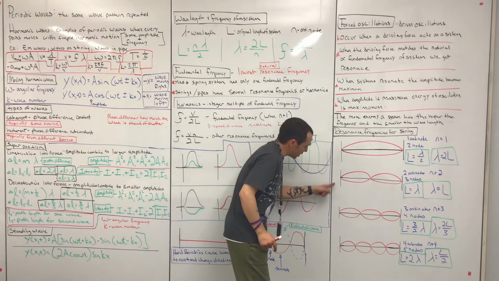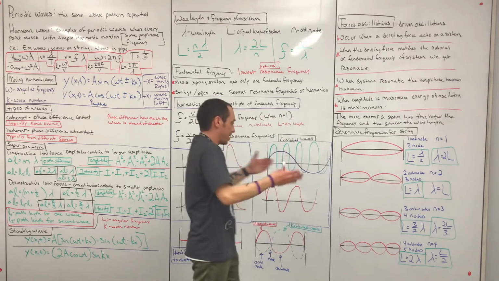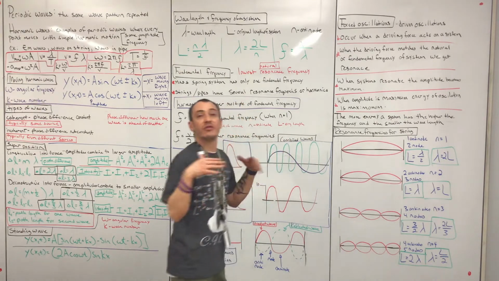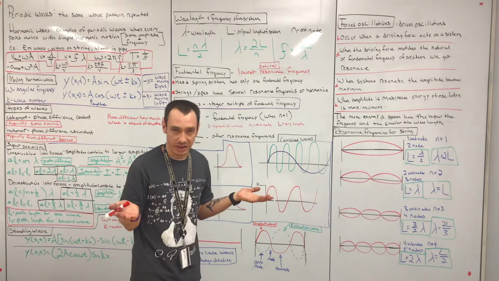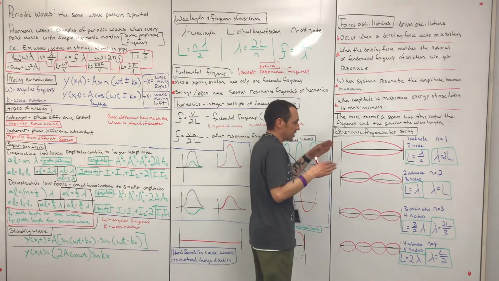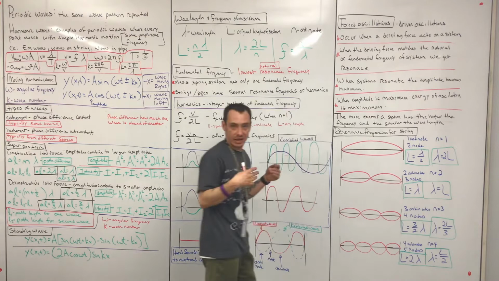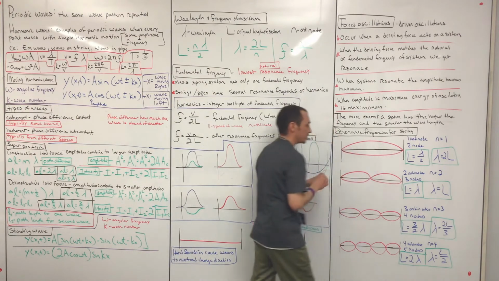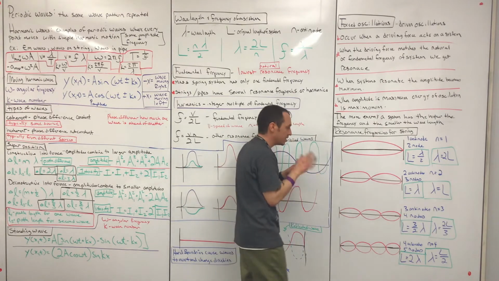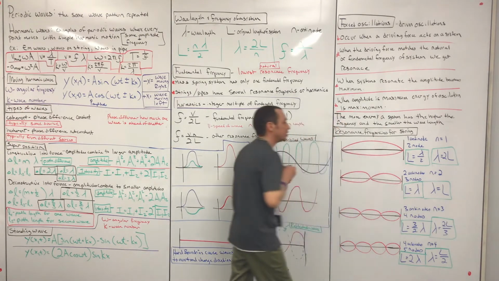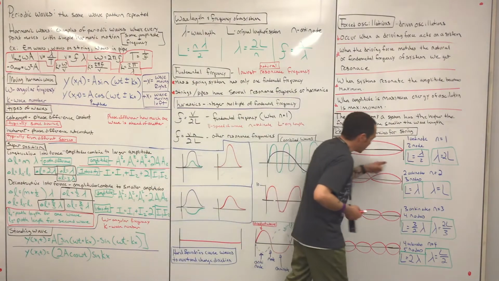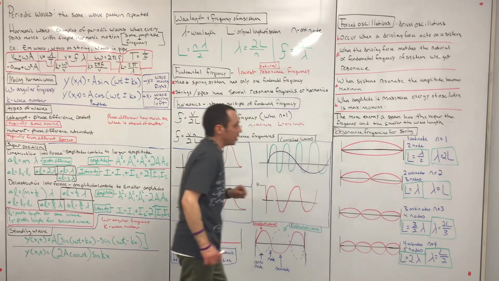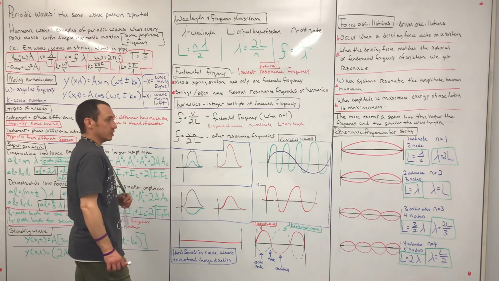So this string is going to have a certain length to it on its own, and it's going to have a certain fundamental frequency that it naturally oscillates at. So if we can get a motor, like the motor that we attach to this rope, and match the frequency of that motor to the natural frequency of this rope, the string starts to set up in certain ways.